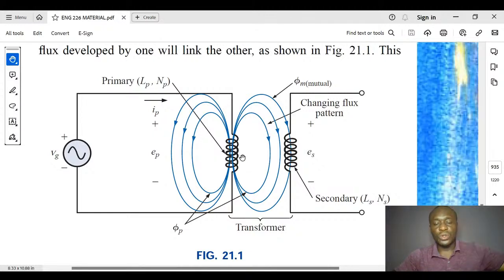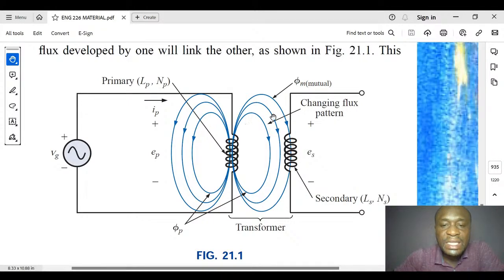It goes to the left and to the right, starting from the north pole and entering through the south pole. But in this case, it will start from the positive side and enter through the negative side. This is the flux line.